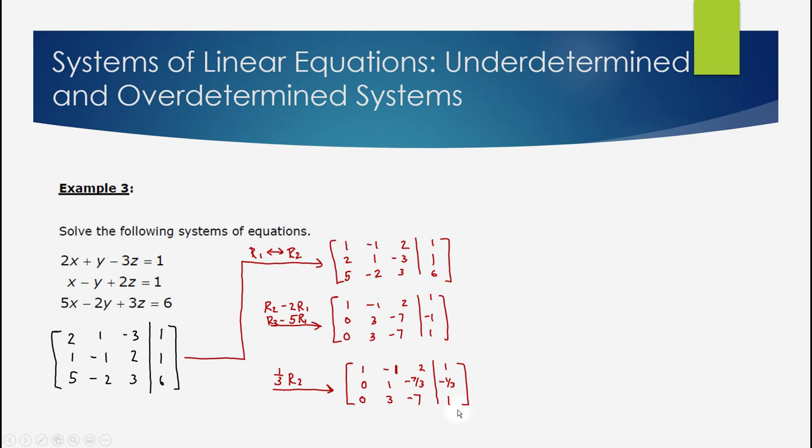And then I want to get zeros in this position here and this position here. And so I'm going to take row 1 and add row 2 to it. That should make this become a 0. And I'm going to take row 3 and add -3 times row 2, or basically subtract 3 times row 2 from it to get a 0 here.